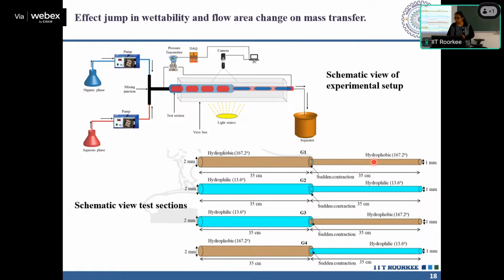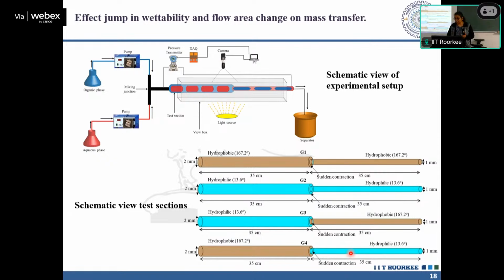So throughout hydrophobic. The second one we kept as a glass tube only. We haven't coated it, so this is a hydrophilic glass tube. Third one, upstream is hydrophilic, downstream is hydrophobic. Fourth one, upstream is hydrophobic, downstream is hydrophilic.